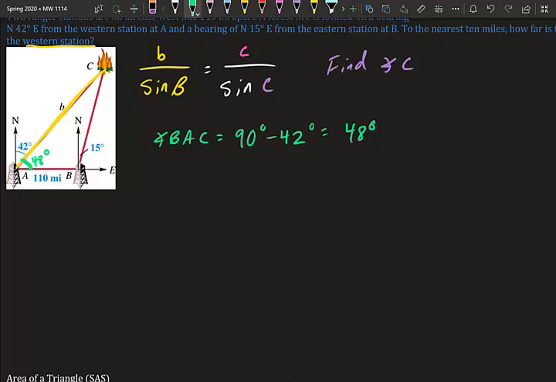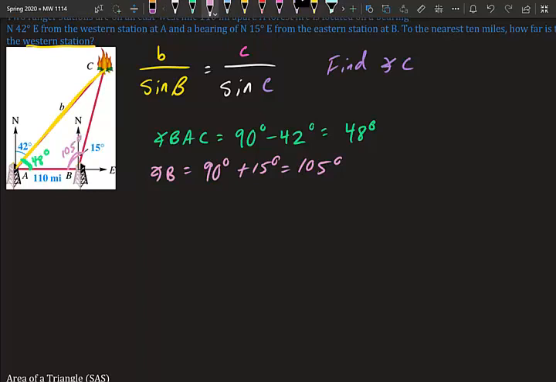Now we need to find angle B. We need to find this angle right here. So this angle right here is 90 degrees. We need to add the 15 to figure out what that whole angle is. So angle B is 90 degrees plus 15 degrees, and that's 105 degrees. So that means this whole angle right here is 105 degrees.